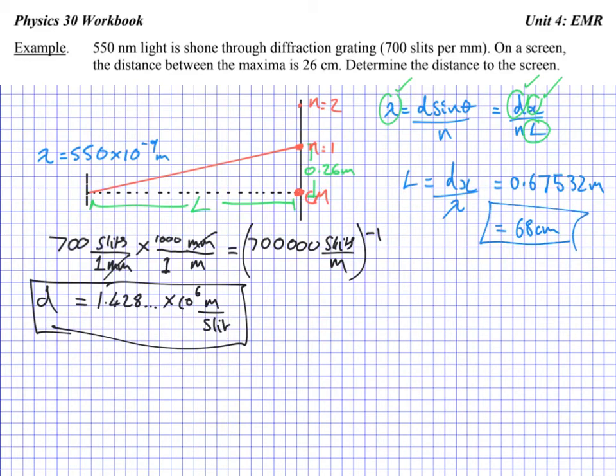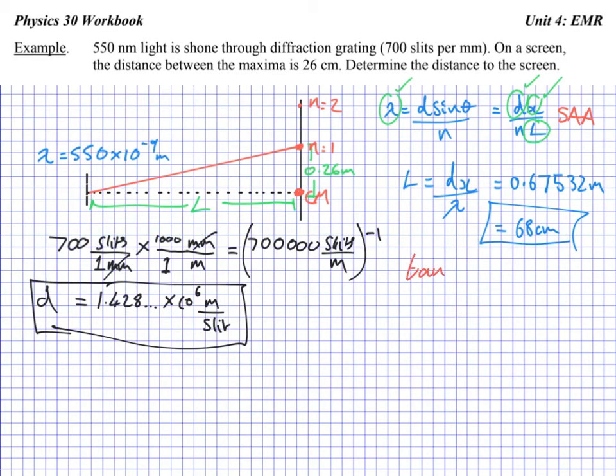But wait, there's more. I've got to make sure that I'm checking my small angle approximation, because remember, this formula is derived using small angle approximation. So I've got to double check, is the small angle approximation true? Let's just quickly check. I've got my length, which I just calculated, and I've got my X value here.